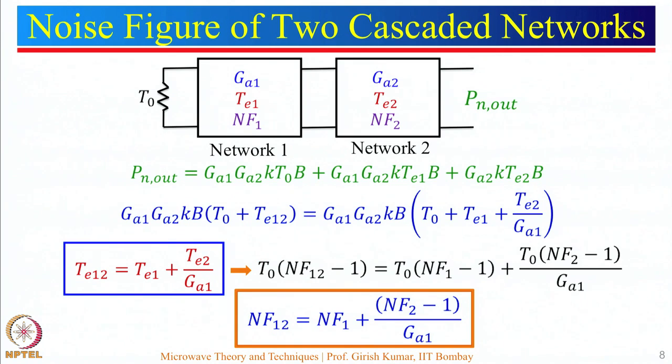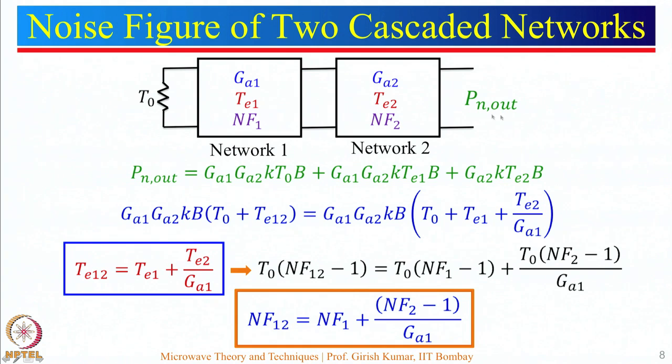So, now we want to find out the noise figure of two cascaded networks. Let us say we have a network 1 which is defined by gain Ga1, Te1, NF1. In fact, most of the time the manufacturer will only give Ga1 and NF1, so we have to calculate Te1. This is network 2 defined by Ga2 and noise figure 2.